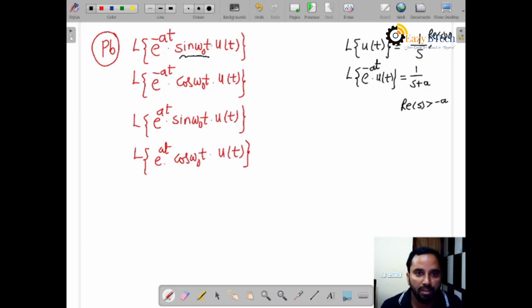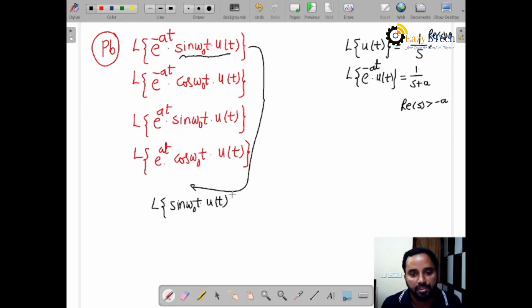First, the Laplace transform of sine omega naught t u of t, this we know. What is the Laplace transform of this sine function?